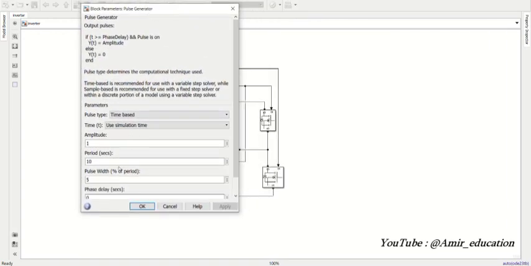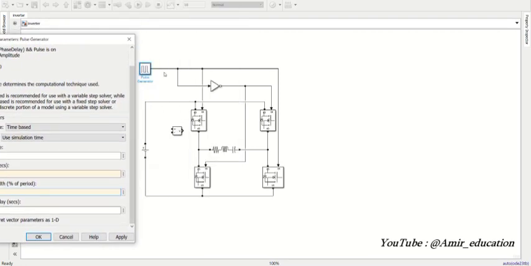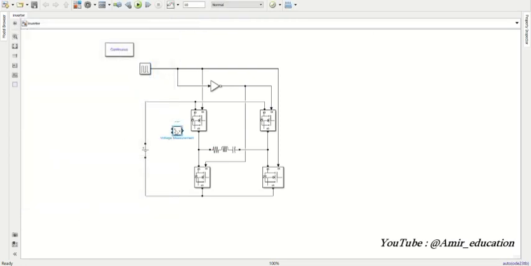So our period is 0.02 seconds and our pulse width should be 50%. So half of the cycle, these two are activated and the other two are deactivated, and the other half of our cycle, the other pairs are activated and the others are not activated. So that's all right.